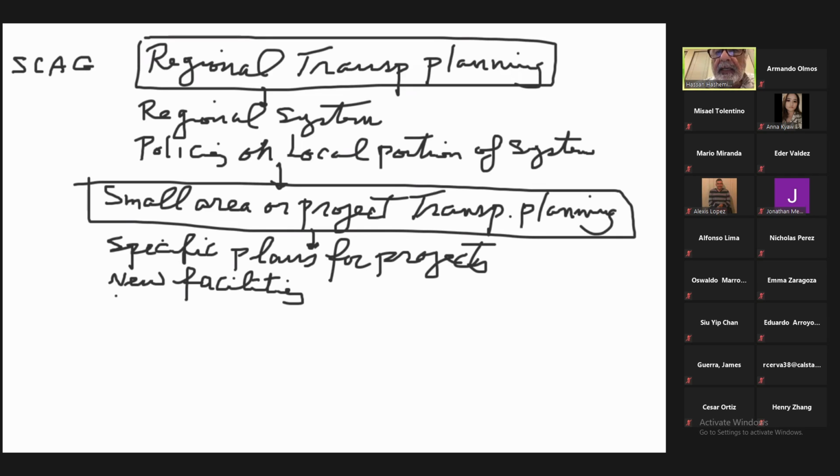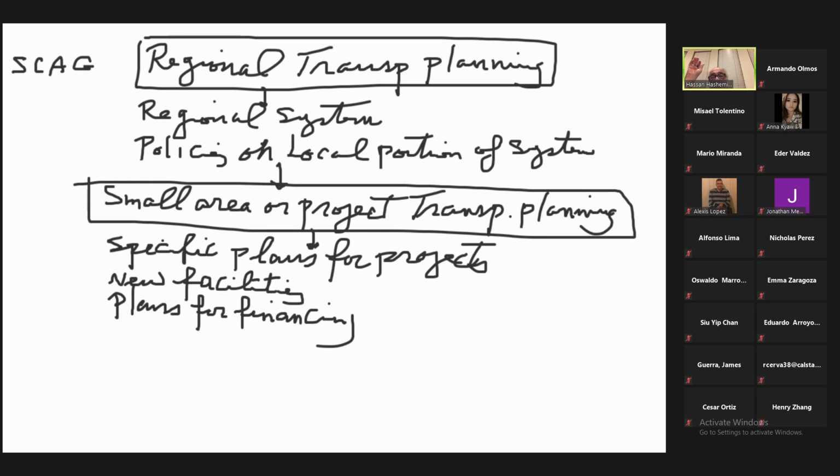And then another thing that's important is always planning for financing. Any of those projects that we want to build, where are we going to get the money? How are we going to get it? So we are going to plan for the financing.